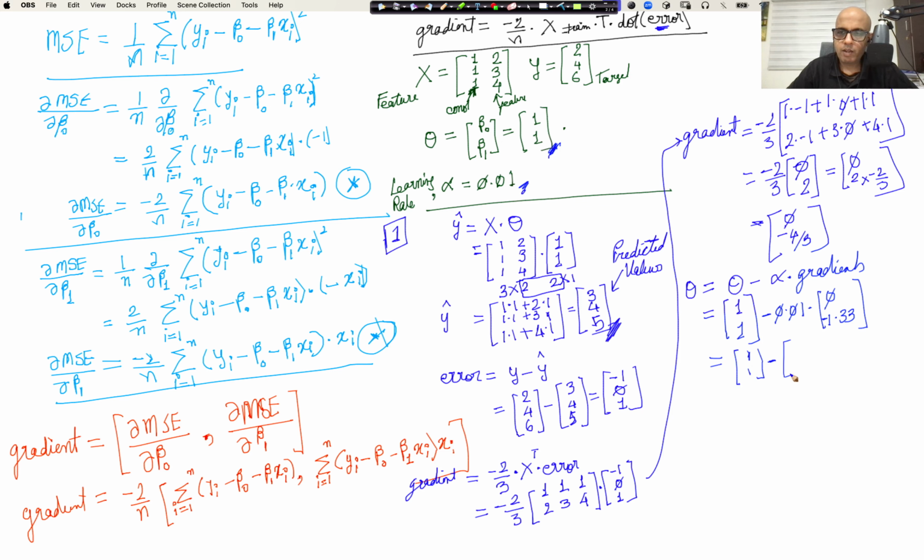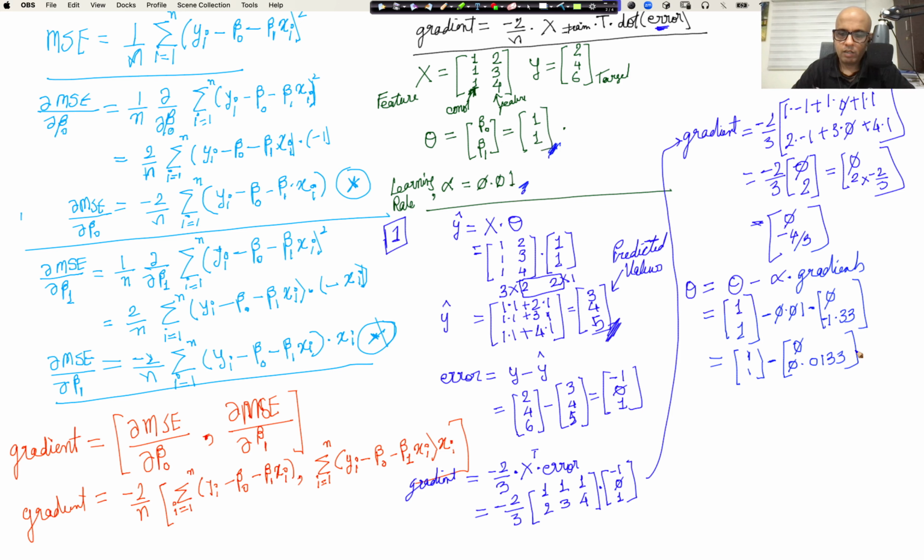When we multiply it, 0.01 into 0 is 0, and down here 0.01 into 1.33 would be 0.0133, and we can then perform the subtraction.